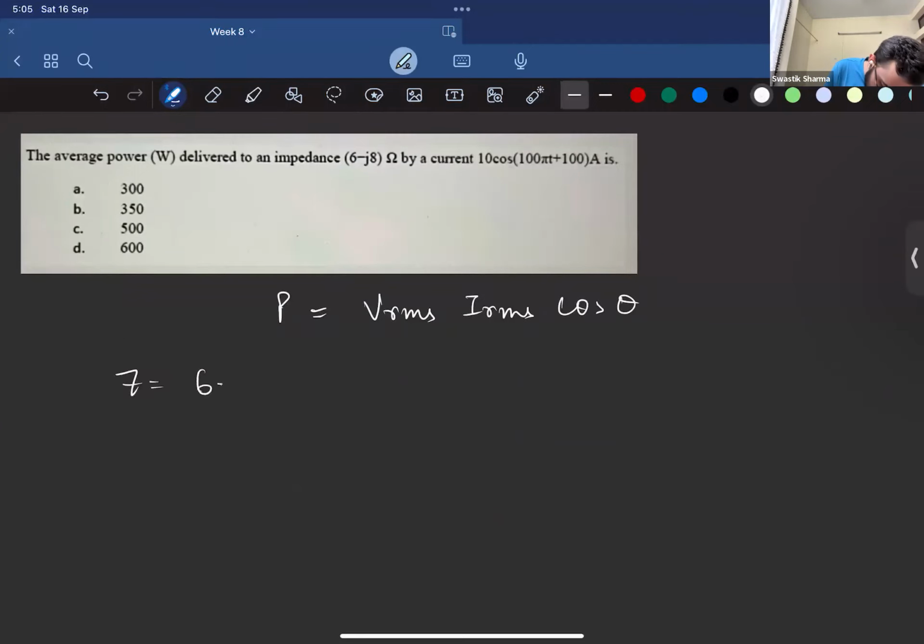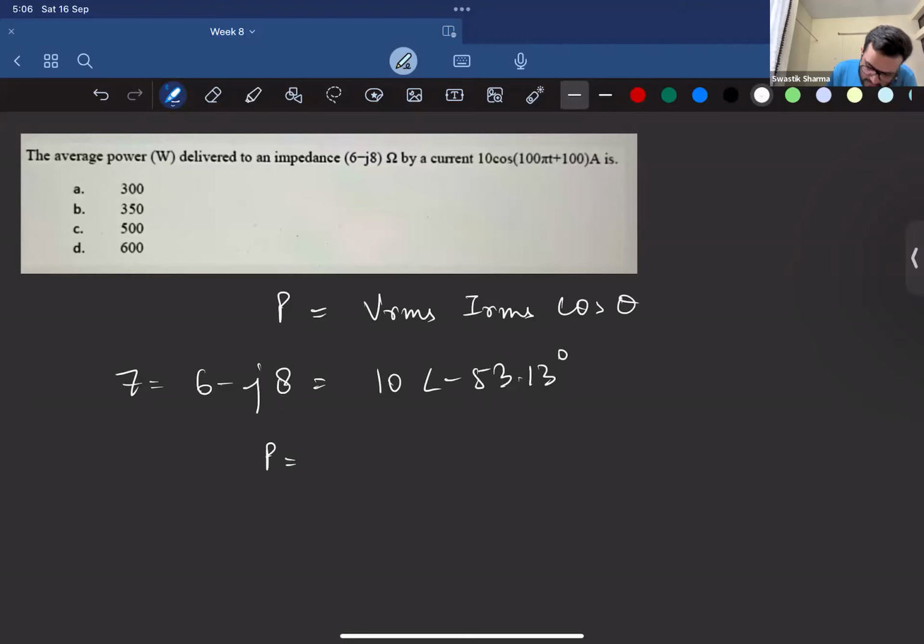So Z is 6 minus j8, which in polar form is 10 at an angle of minus 53.13 degrees. So the phase difference is 53.13 degrees.